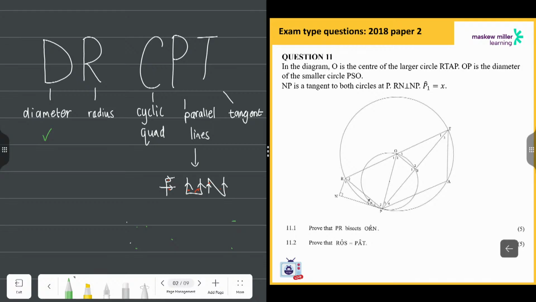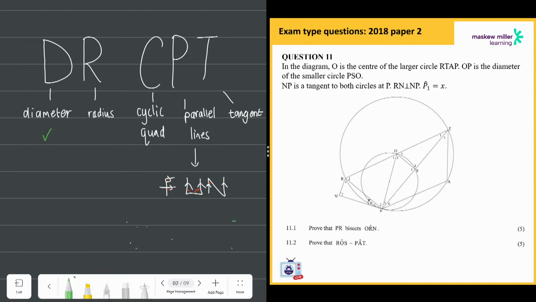So there are in fact two circles here. It's a small circle, and we've got a big circle over there. OP is the diameter of the smaller circle. And we also have the diameter TOR of the bigger circle, because O is the center of the larger circle. NP is a tangent to both circles at P, so this is a tangent to both circles.